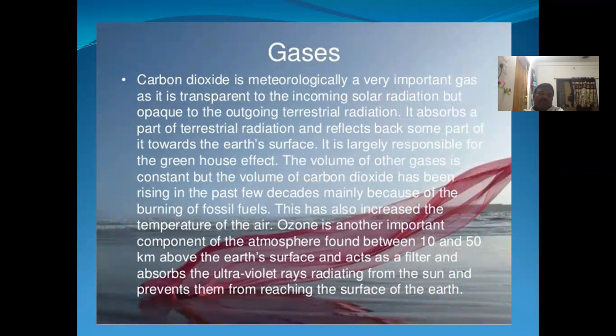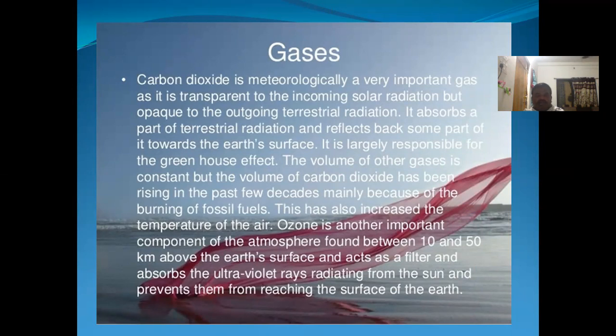Now the gases. Carbon dioxide is meteorologically a very important gas, as it is transparent to the incoming solar radiation but affects the outgoing terrestrial radiation. Do you understand the statement of this line?